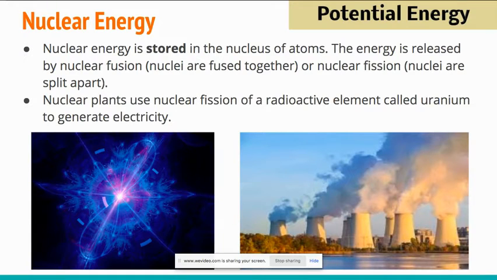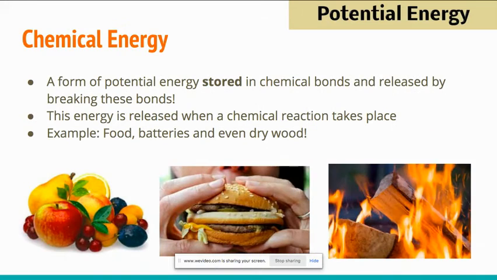So this is something that we, as a human race, just really recently decided to figure out. And it is a very dangerous thing if not done correctly. Nuclear power plants use nuclear fission of uranium to generate some electricity, but it is a pretty dangerous activity. But we're accessing that stored energy by breaking apart the nucleus of atoms.